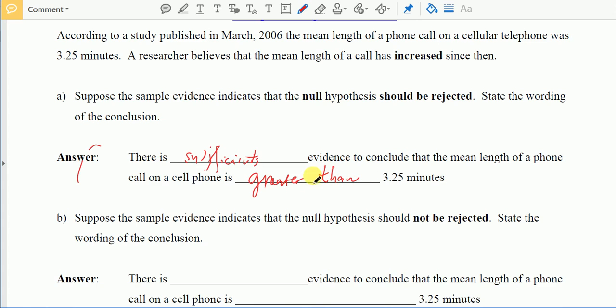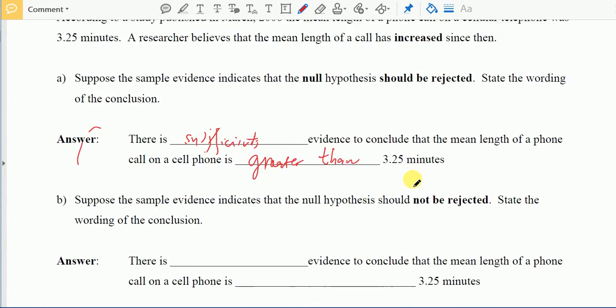Right, because there's sufficient evidence to support that the mean should be greater than 3.25.